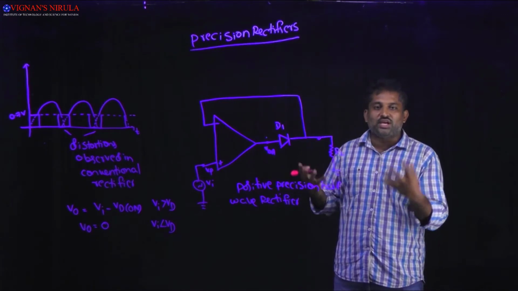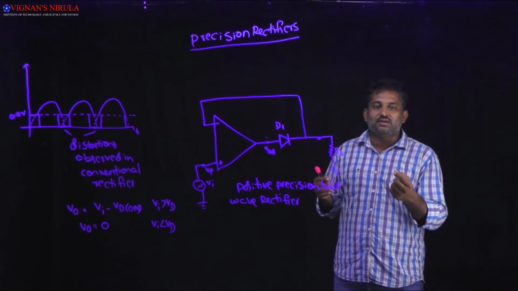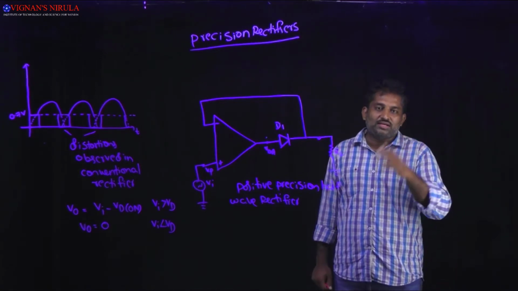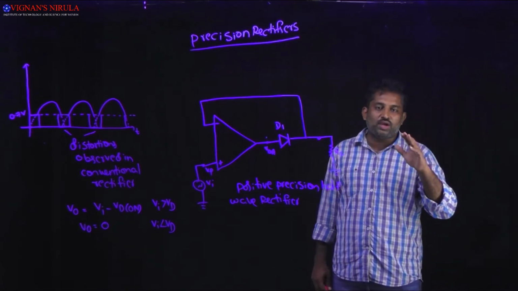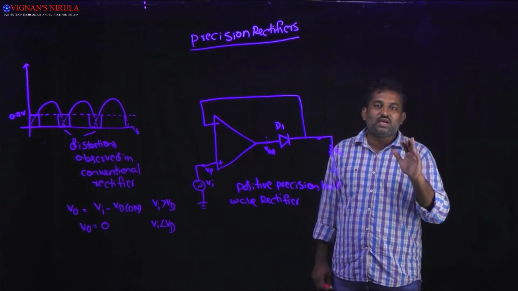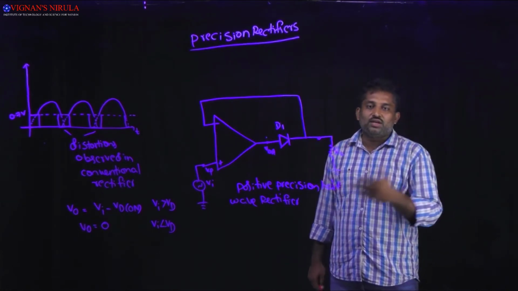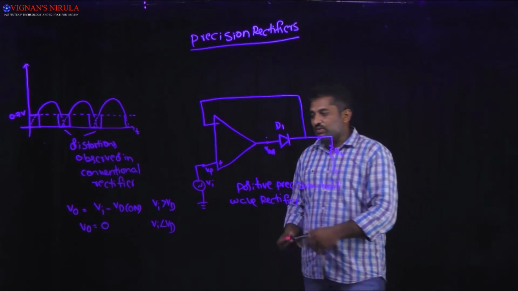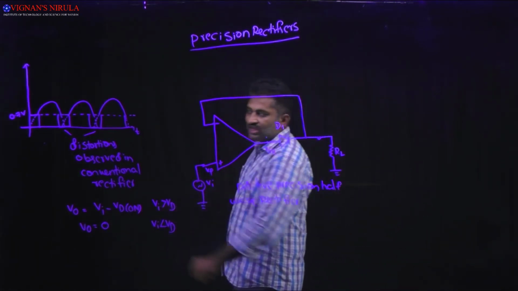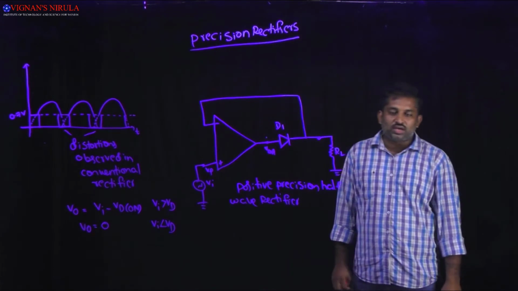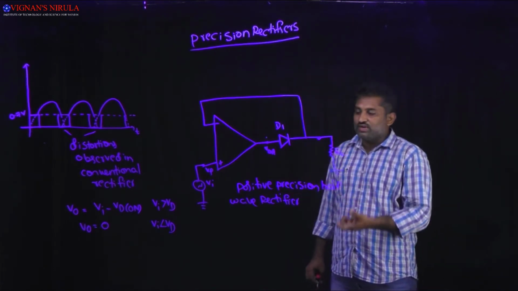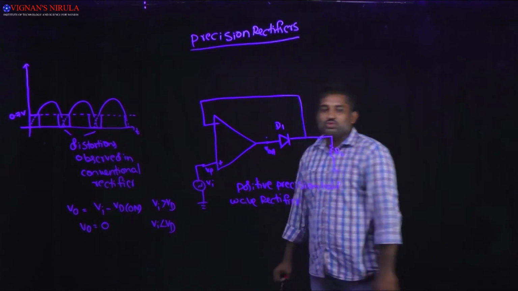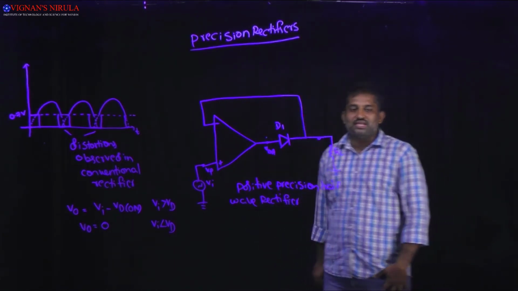Why? Because the diodes will conduct only when it is 0.7 volts. Only after that will the diodes conduct; before that the diodes will not operate. So the output voltage is Vi minus Vd when Vi is greater than Vd, and V naught is equal to 0 when Vi is less than Vd.